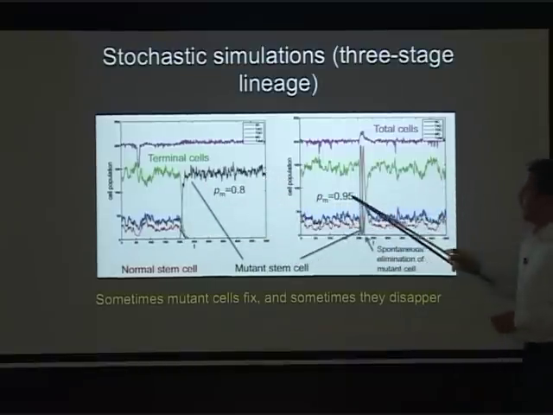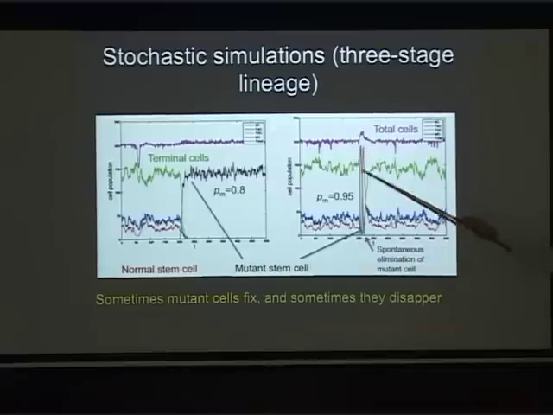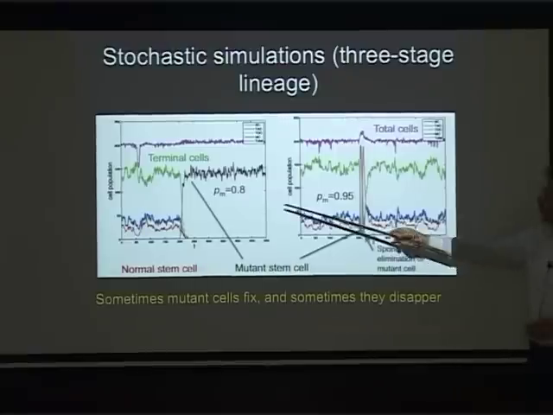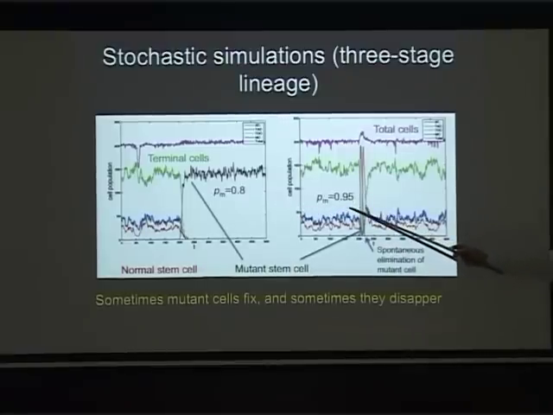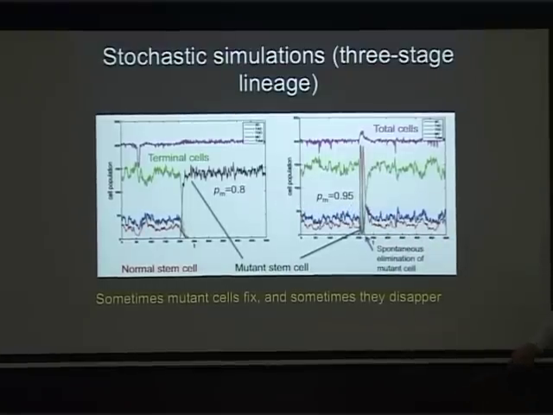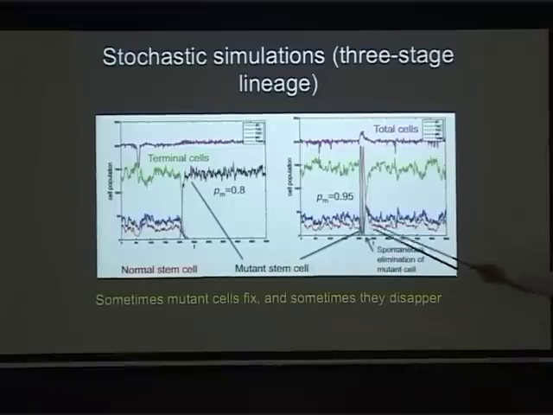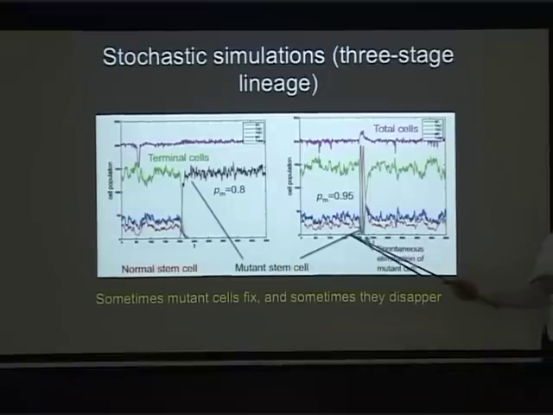Right? Sometimes they won't. They'll sweep up and then come back down again and be extinguished. And the puzzling thing to us was the higher we made the p-value, that is, the more that cell just does nothing but renew, the more likely it was to extinguish, which is kind of the opposite of what you'd expect, right? You'd expect normally that the less it renews, the more greater probability of extinguishing.